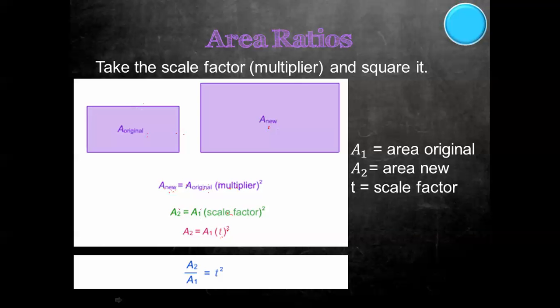So T is going to stand for the scale factor, and it has to be squared. What we did here is divide by A1 on both sides to get A2 divided by A1 equals T squared. So we have the new area divided by the original area, and it will give you the scale factor squared.